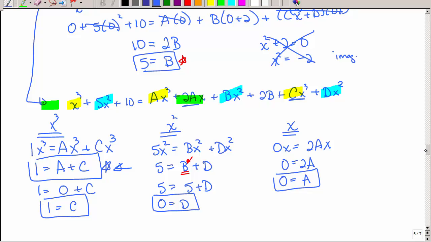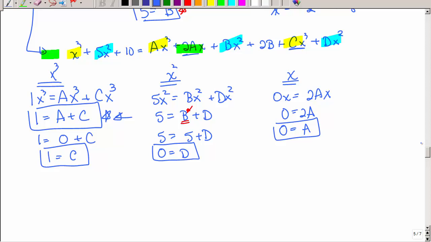Again, you could stop there or go ahead and decompose that fraction.